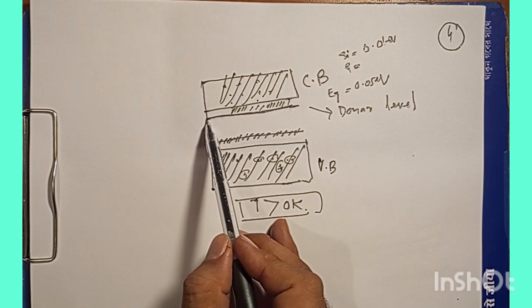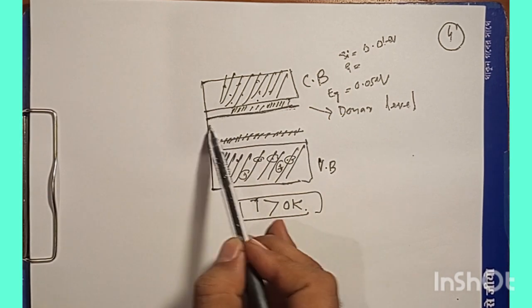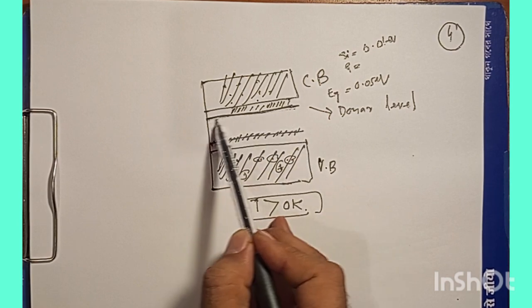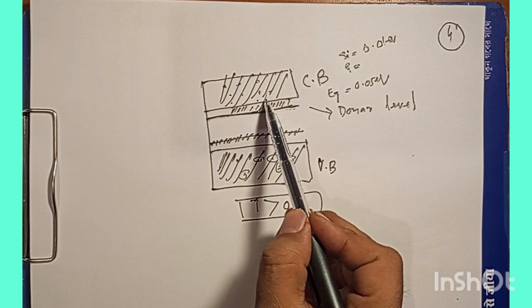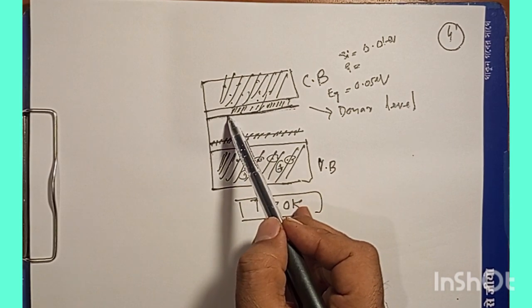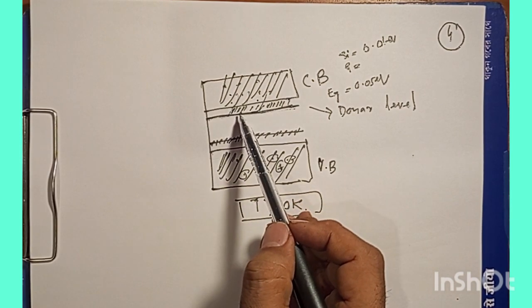So if your electrons are here, at room temperature they will have sufficient thermal energy so that these electrons are available in the conduction band.